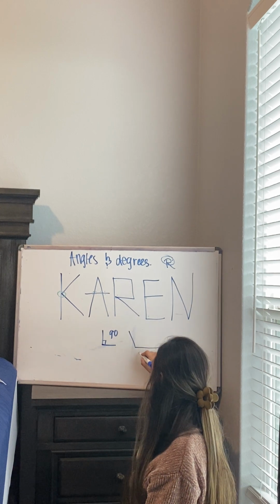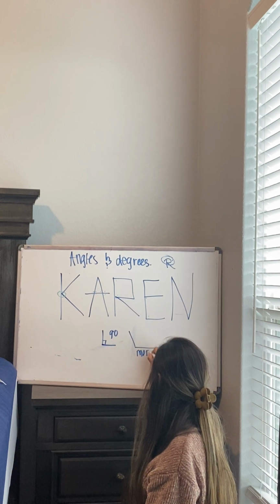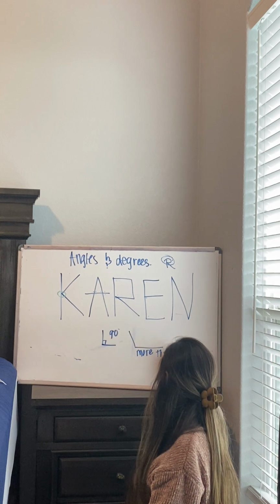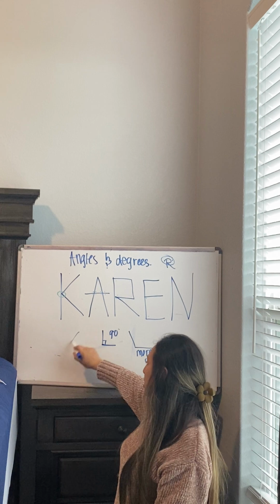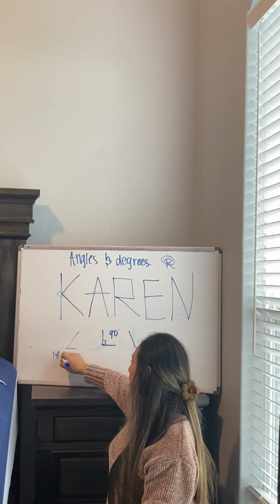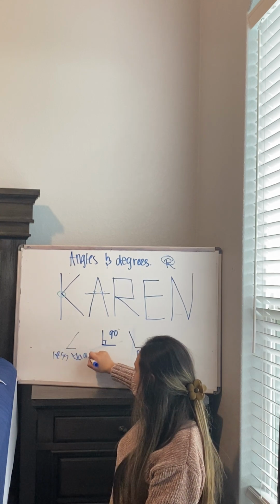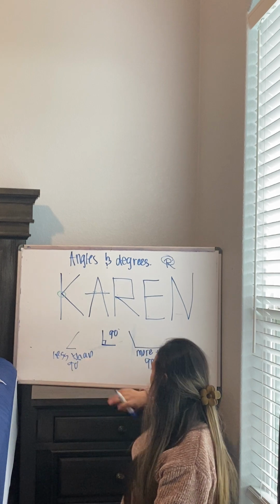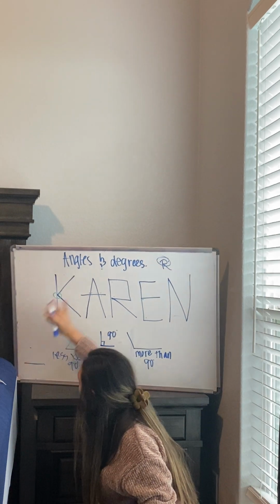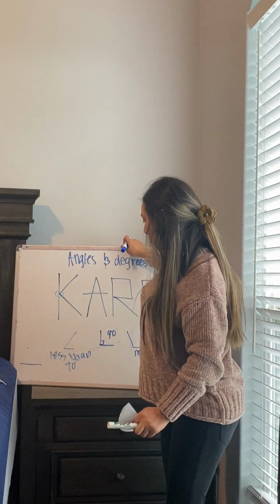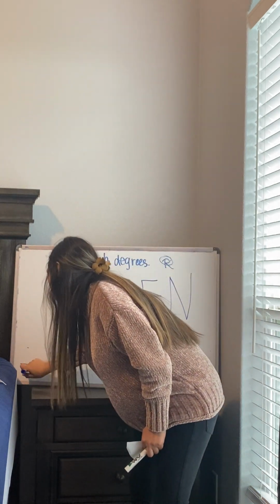So this is more than 90 degrees. And then this one's going to be less than. So less than 90 degrees. Okay. And then the straight angle, we said it just goes like that. So this one's 180.